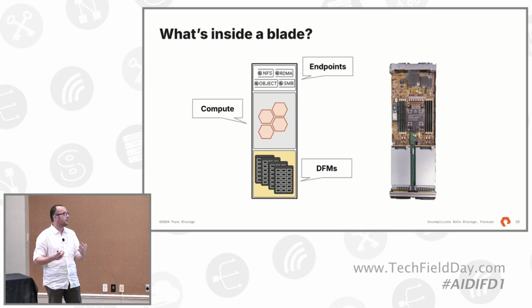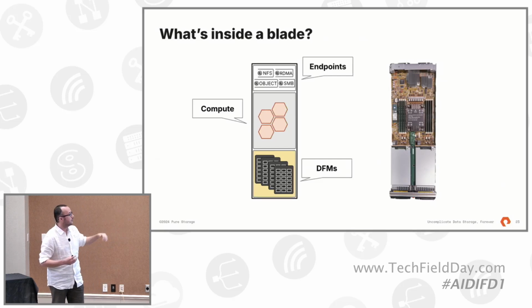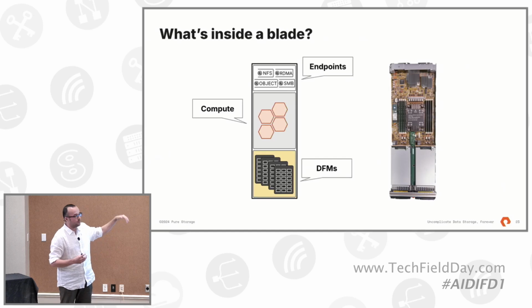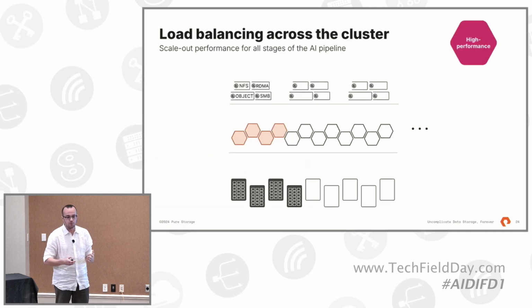Now, conceptually, you might say, well, a request would enter on top through the endpoints, make its way to the compute tier, and then be serviced with data from the DFMs. And this is nearly correct, but remember that we actually have a bunch of blades. So what happens here is that these are really planes that stretch across the cluster.